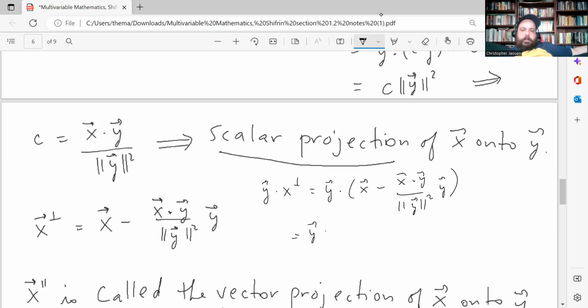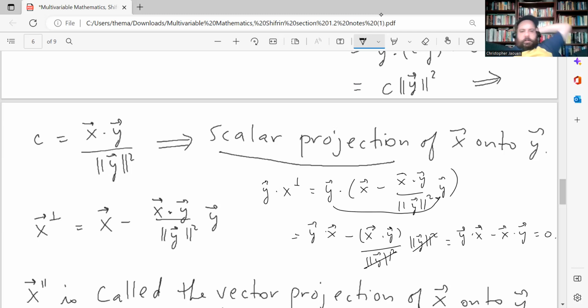This is y dot x minus x dot y over length of y squared, and then you get y dotted with y, which gives you length of y squared. Notice these cancel, so you get y dot x minus x dot y, which is 0. Right, so that vector is perpendicular to y.